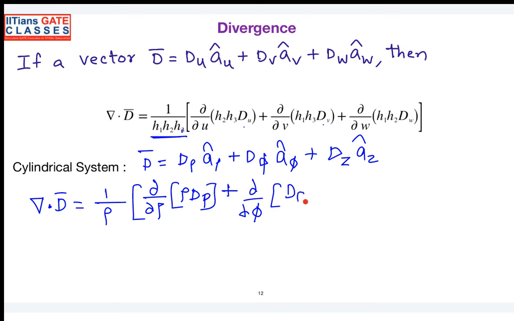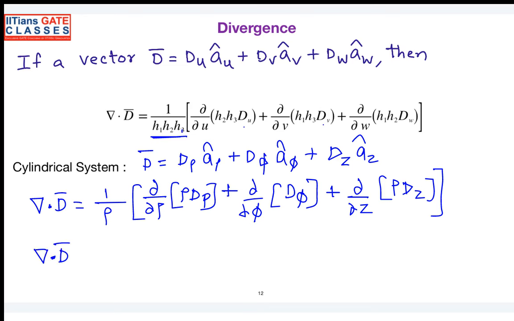Now I can further simplify this equation something like this. So del dot D is equal to, so answer me, can I take rho common from the first term here? Shall I take rho common from the first term and get it cancelled? Can you do like that? No, sir.